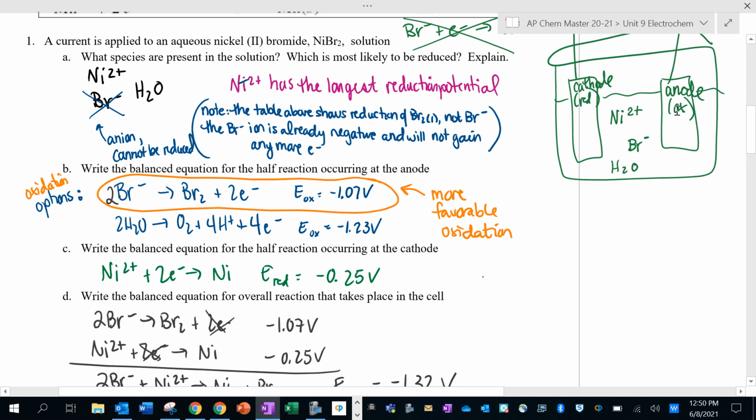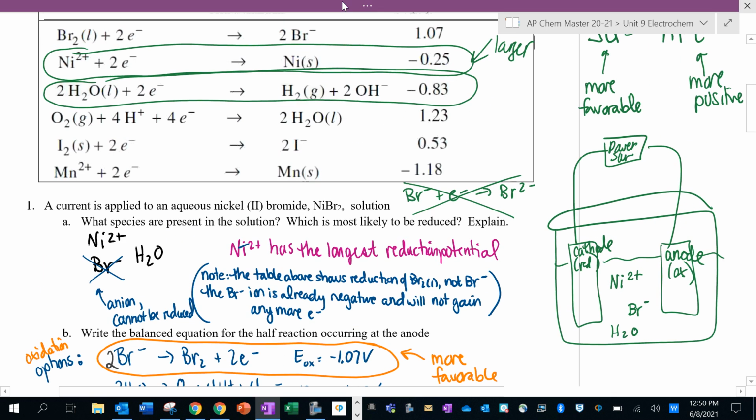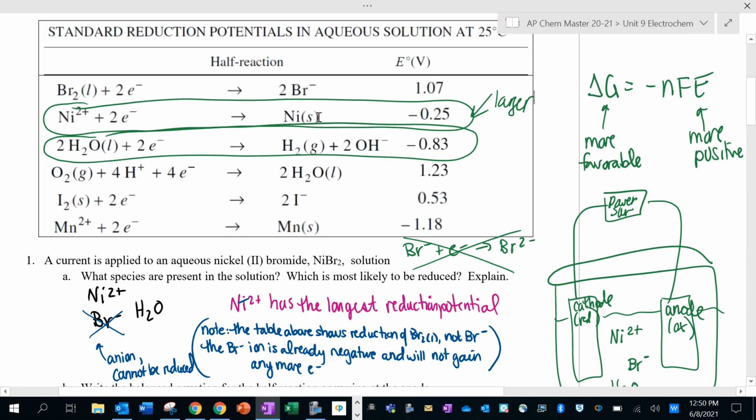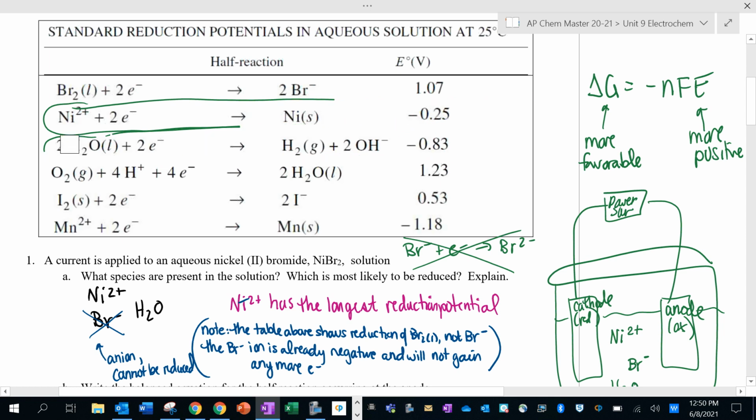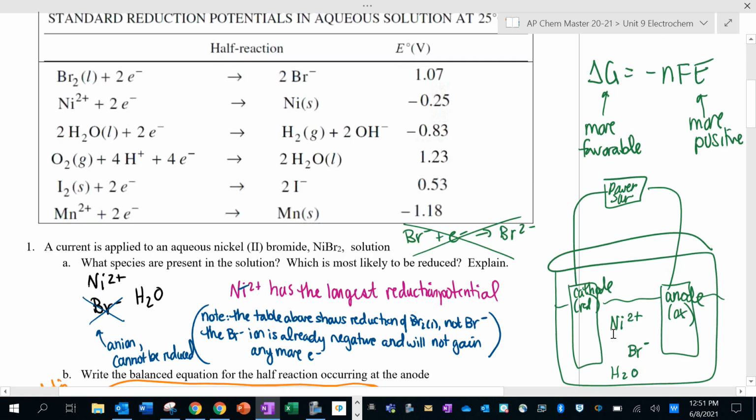Now let's look at our oxidation. Again, we've got three species that could possibly be oxidized: nickel ions, bromide, and water. To get the oxidation, we have to take these reactions and flip them around. I'm going to erase these ones right here. We want a reaction that, once we flip it around, shows nickel, bromide, or water being oxidized.